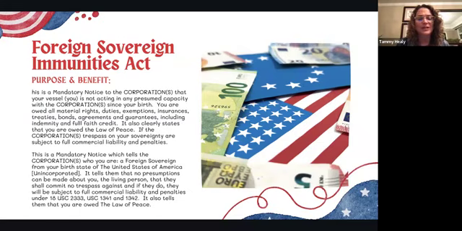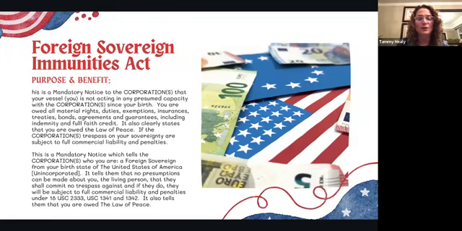If the corporations trespass on your sovereignty, they are subject to full commercial liability and penalties. This is a mandatory notice which tells the corporations who you are, a foreign sovereign from your birth state of the United States of America, unincorporated.